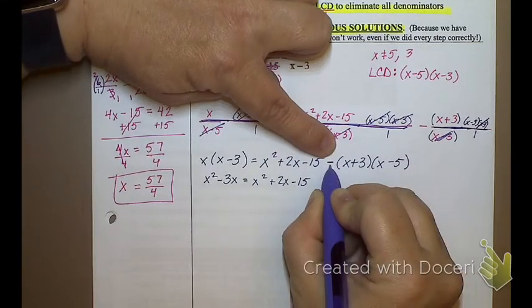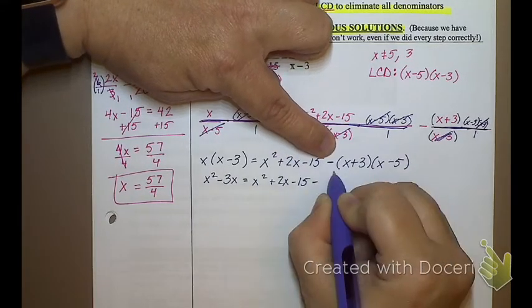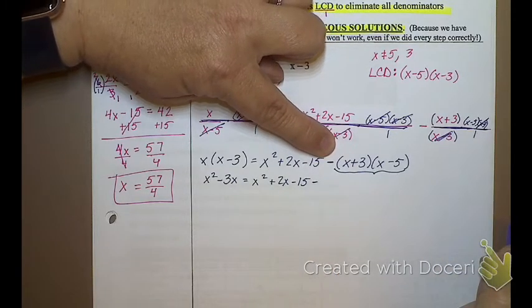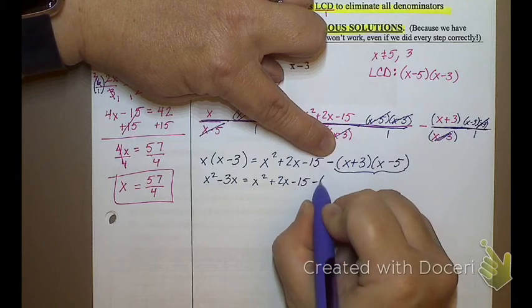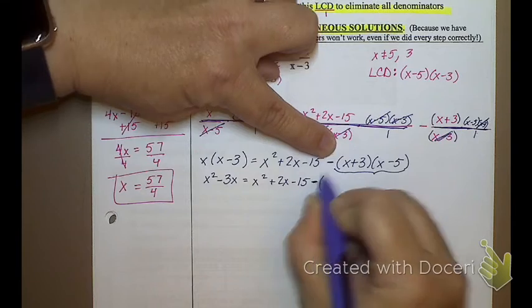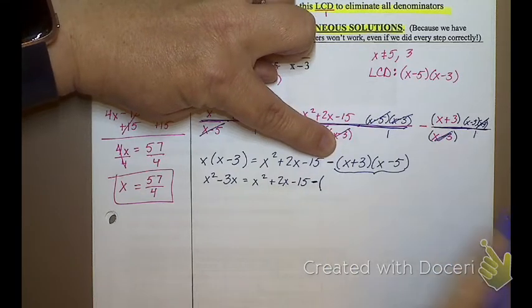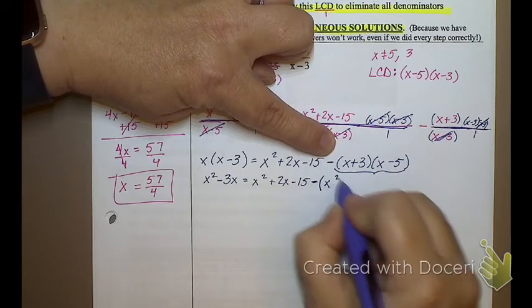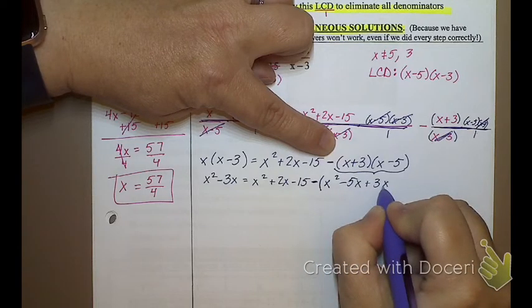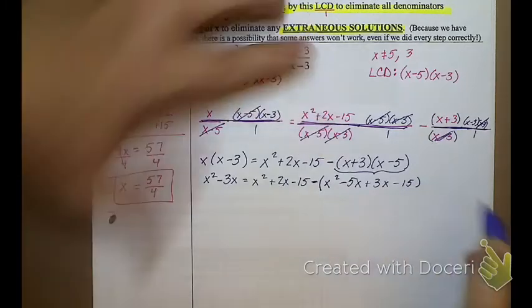Now this is a little tricky. I see a minus sign, but I also see something that I need to multiply after that. So what does that mean? Yes, I have to FOIL, but I have to distribute this minus sign after I have FOILed. So this will give me x squared minus 5x plus 3x minus 15.